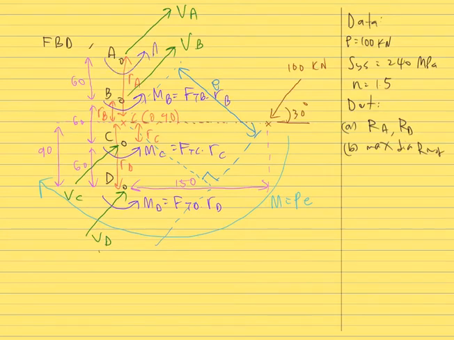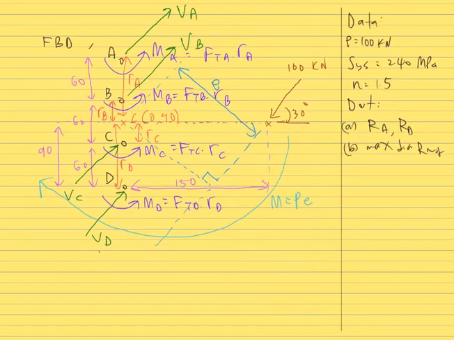Then for rivet A, the resisting moment MA is equal to FTA times RA. Now, after we have identified the direction of the resisting moment for every rivet, we can determine the direction of the tangential force for each rivet.